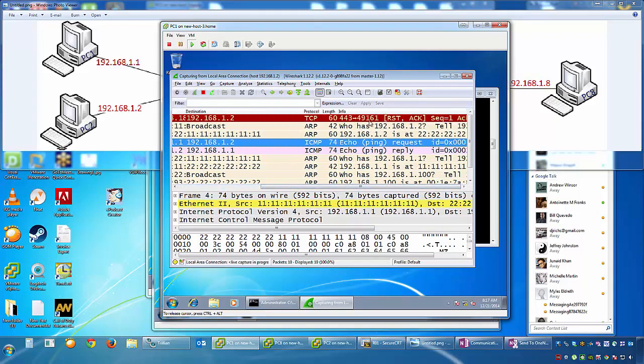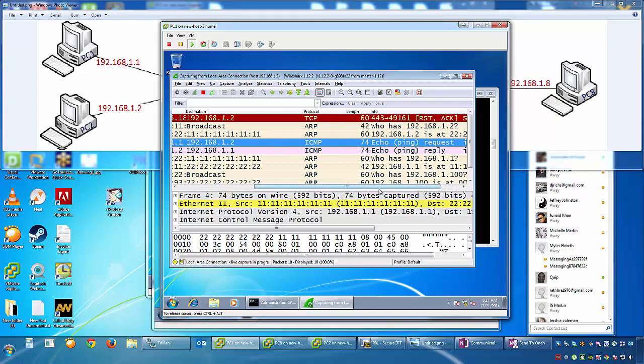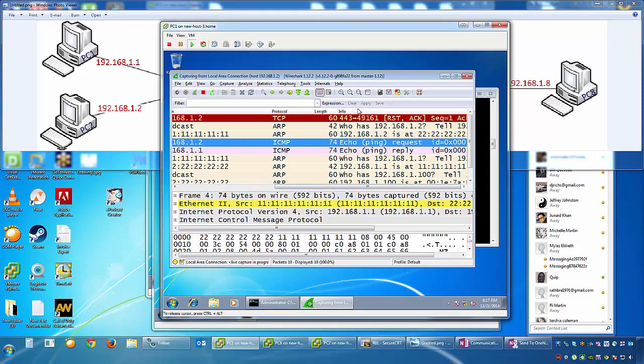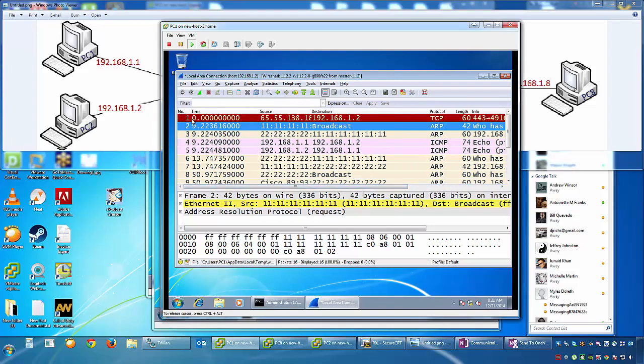And we're going to discuss exactly what we're looking at here in each one of these columns. I should be able to split this. Let me figure this out here. All right, well, I guess the length and the info are just going to have to be merged together. All right, so starting from left to right, we've got a number.